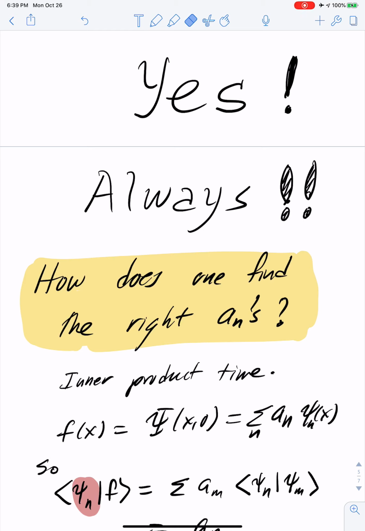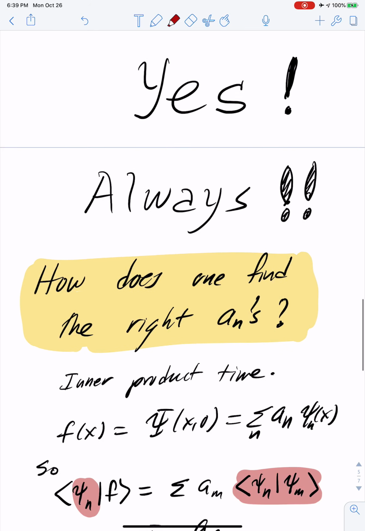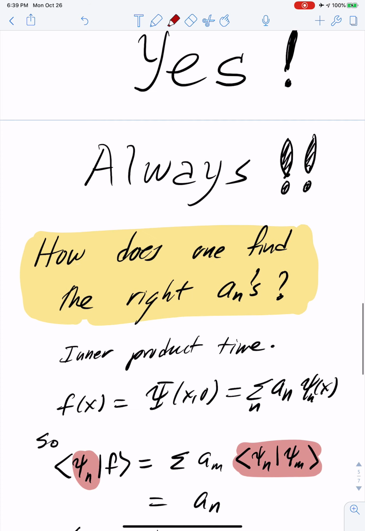But now we use the orthogonality of the stationary states. This thing here is either going to be 0 or 1. Out of all of that sum over m, there's only one of them which isn't 0. And that's the one where m is equal to n. So in this sum, the only thing that survives is one a sub m, and that m is equal to n. So this inner product just gives you the constant a sub n.